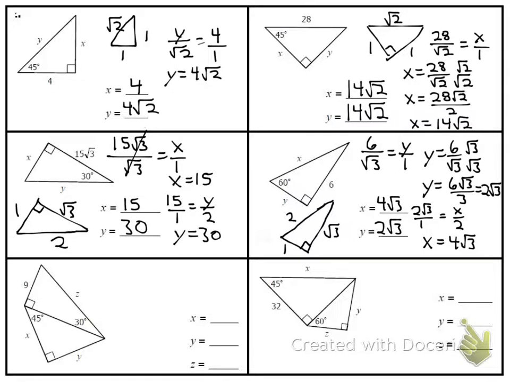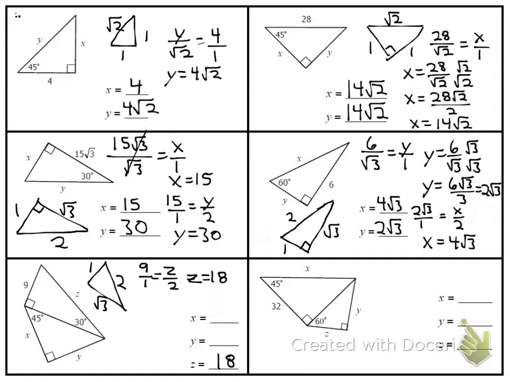Okay, for our last set here, now I'm starting to put multiple triangles together. So first one, I have to do the 30, 60, 90 at the top here. So I'm going to go 9 over 1 equals z over 2, and that gives me that z equals 18.